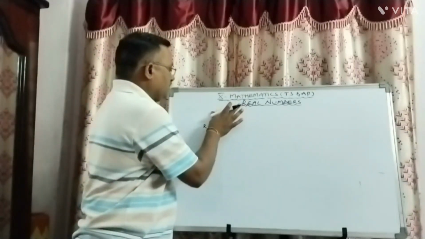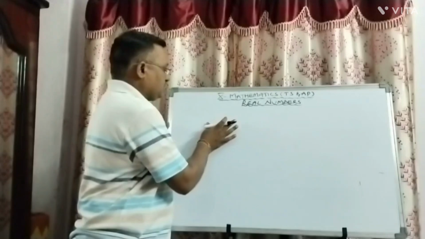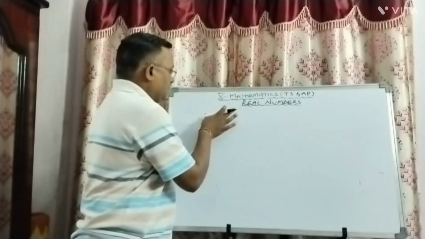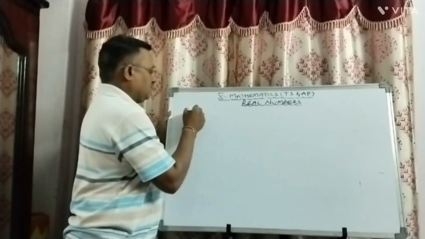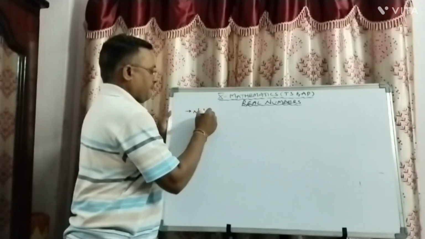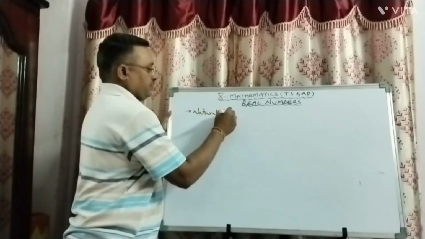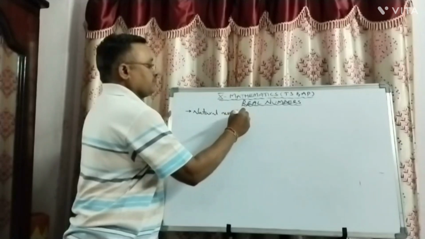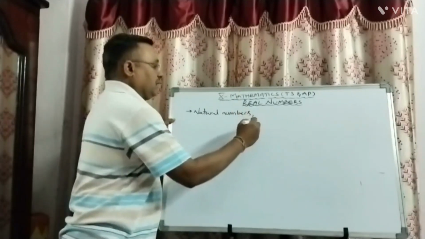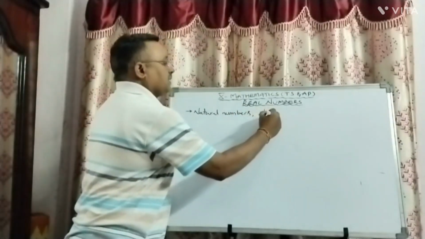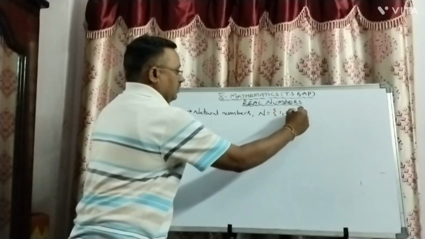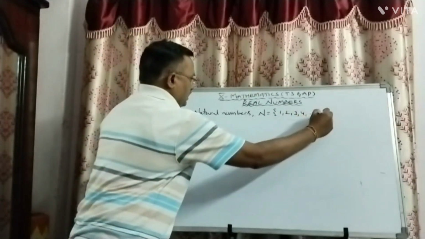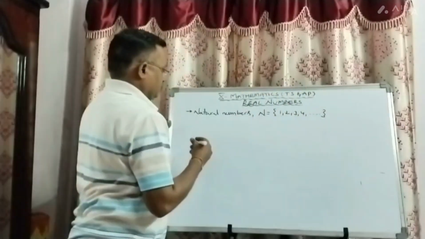Before discussing those 5 exercises, let us learn the basic knowledge about natural numbers. Natural numbers are denoted by a capital letter N and are equal to the set of 1, 2, 3, 4, and so on up to infinite values.